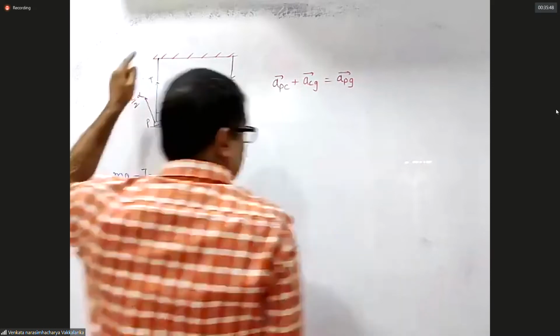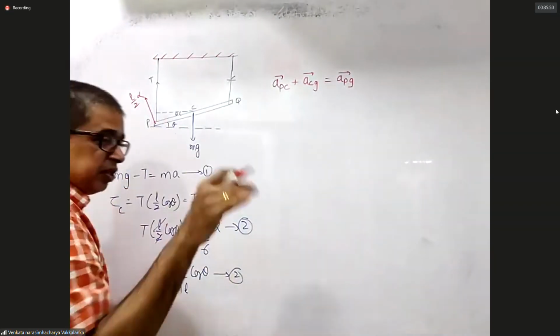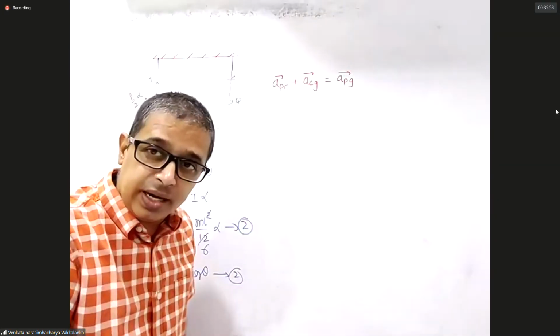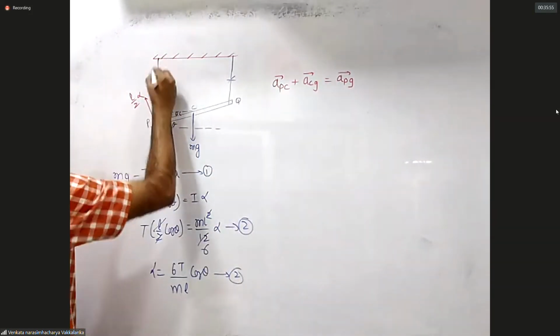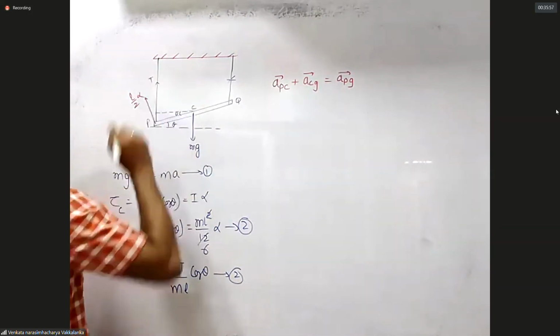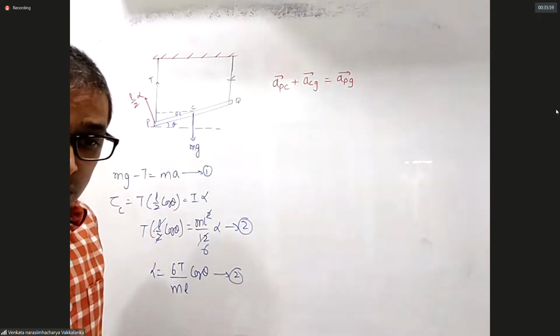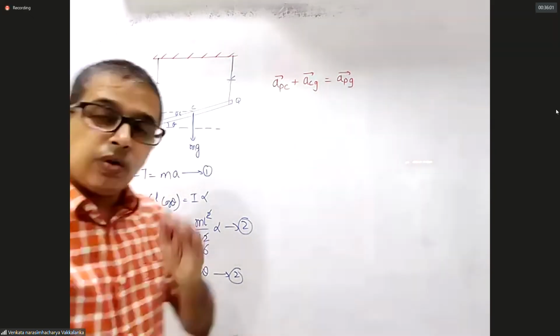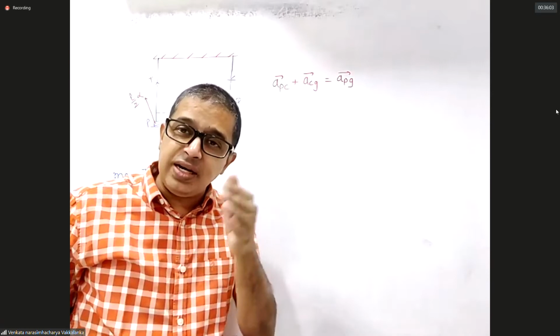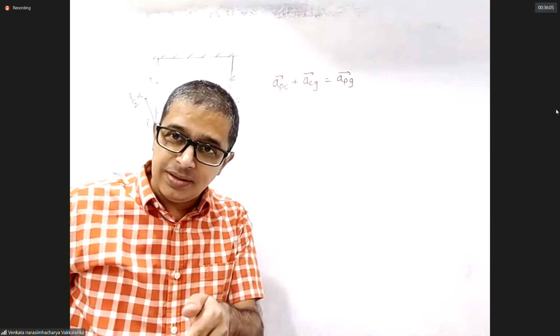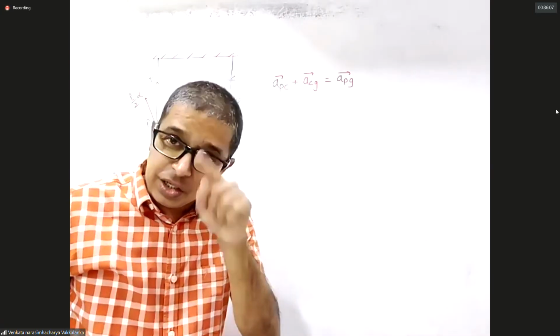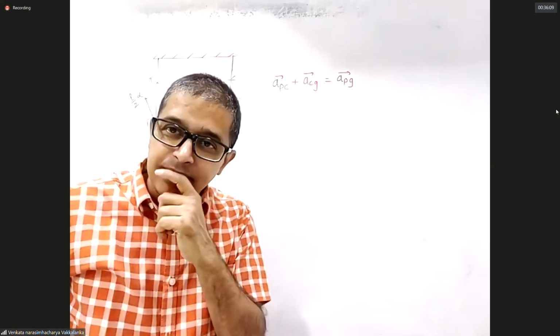Acceleration of point P with respect to ground, after you calculate, you will resolve it along the length of the string and equate it to 0. Yes or no? So instead of taking the resultant and resolving, resolve and take the resultant.